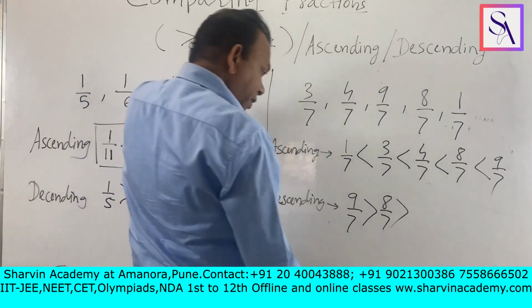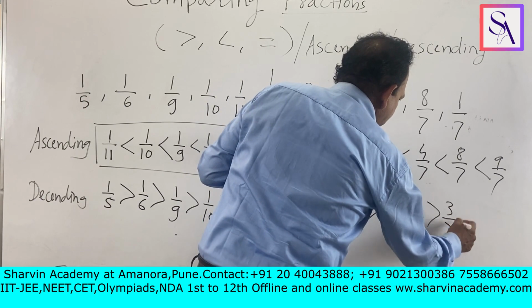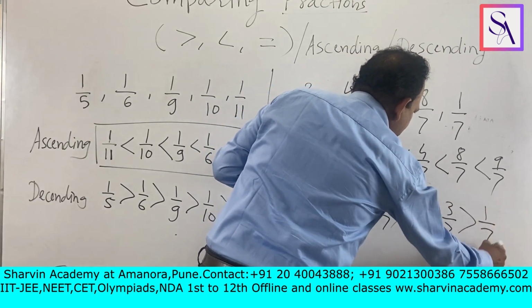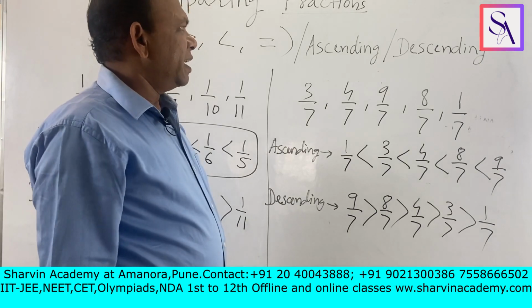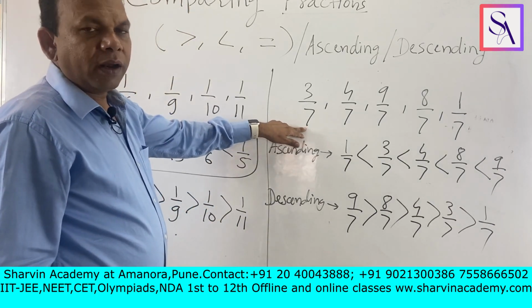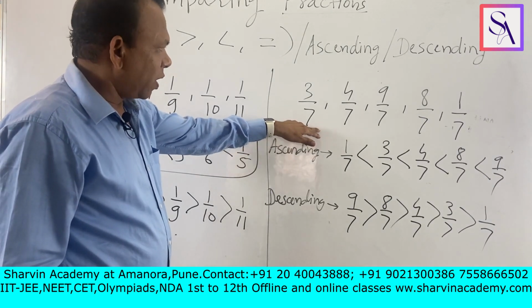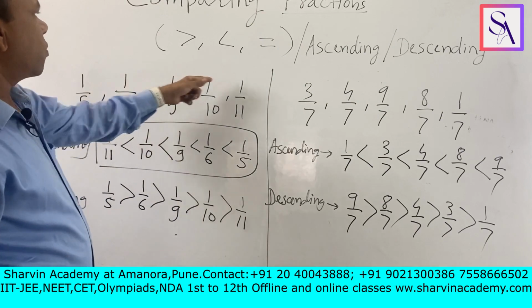Then 4 by 7. Then 3 by 7 and last, the smallest, is 1 by 7. So in this way you can write ascending and descending order when the denominators are the same, or like fractions are there, and when unit fractions are there, meaning the numerators are 1.